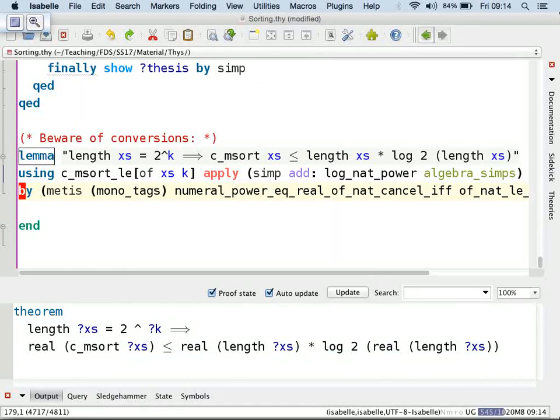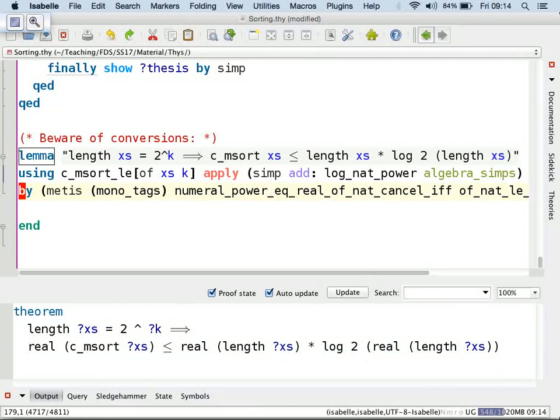So I'm just showing you there's a reason why we're trying to avoid logarithms, not because they're mathematically complicated, but because the framework that we have with these different numeric types introduces technical complications that I would prefer to avoid as long as possible. Of course, there will be points where we have to use the logarithm, but I'm just warning you, these conversion functions are really a bit annoying, in particular if you have some lemmas that are stated about natural numbers and you want to use them in a context about reals.